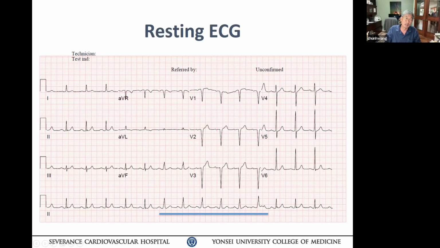Second thing, what did I point out in lead 2? RSR, remember? Terminally, there's a small R. You can see it in the very first two or three beats. When you have aberrancy, that disappears. I think this is just intraventricular conduction aberrancy. That's what I think.